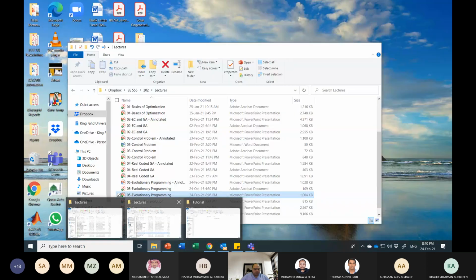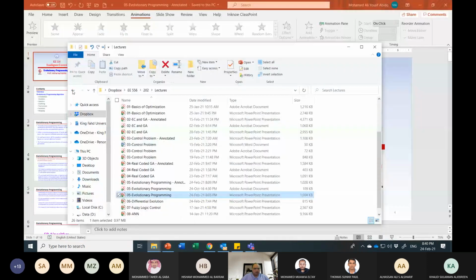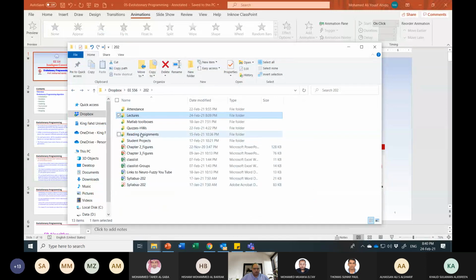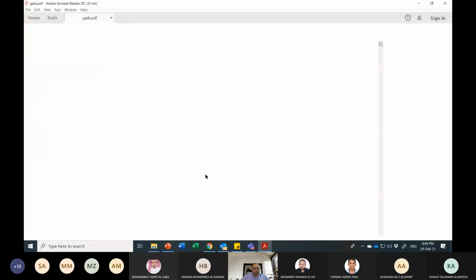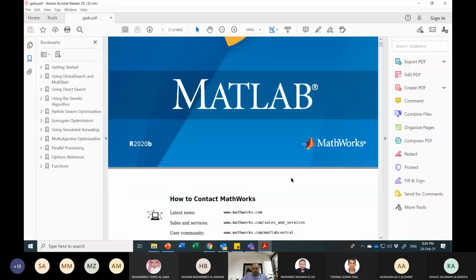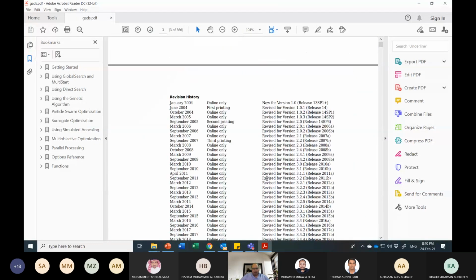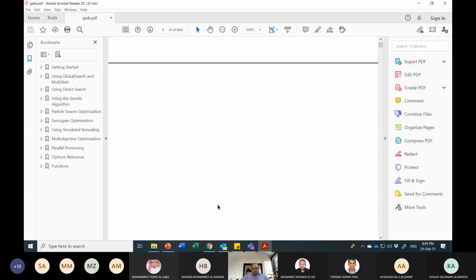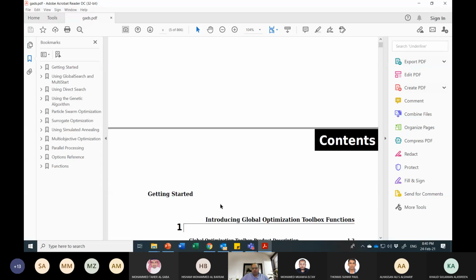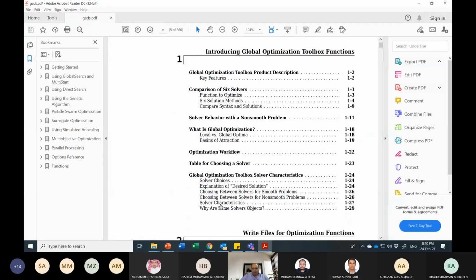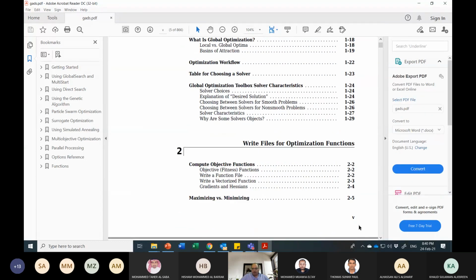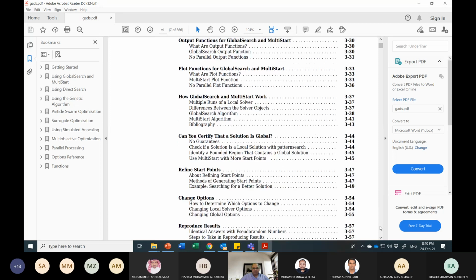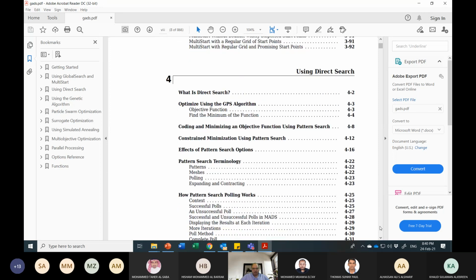we can go to lectures, and then we can go to Matlab toolboxes. You have here this one. You can see here the techniques available. Of course, you can use another technique to compare with the genetic algorithm. This is just a tutorial for how to.